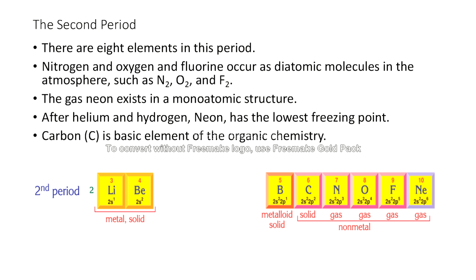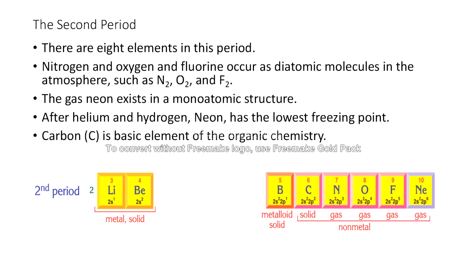So diatomic molecules are molecules that have two atoms. So we have nitrogen gas, oxygen gas, and fluorine gas. They are diatomic molecules. The gas neon exists as a monatomic structure.